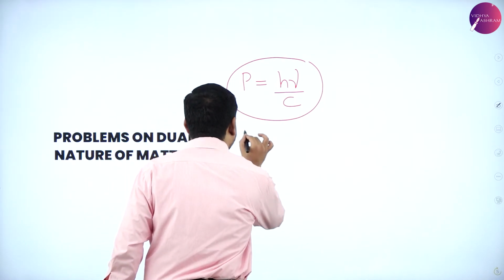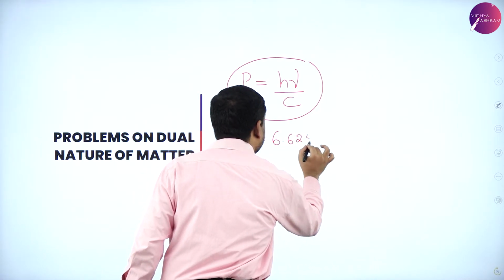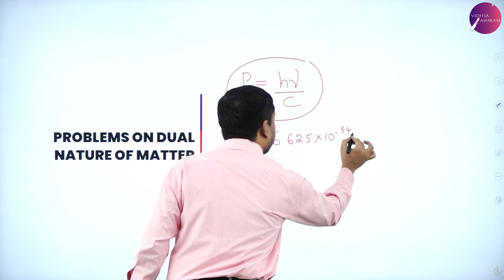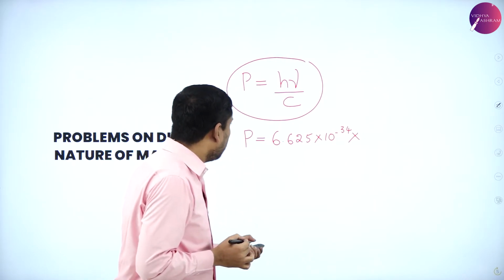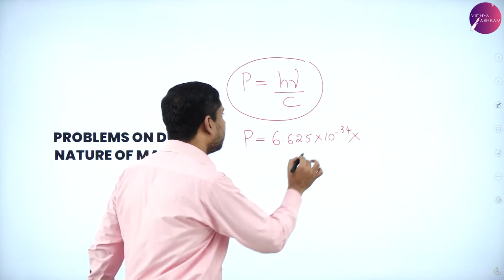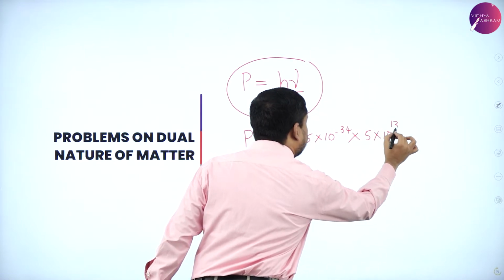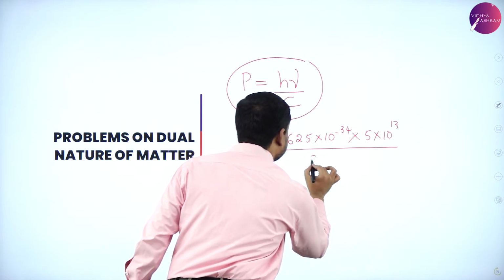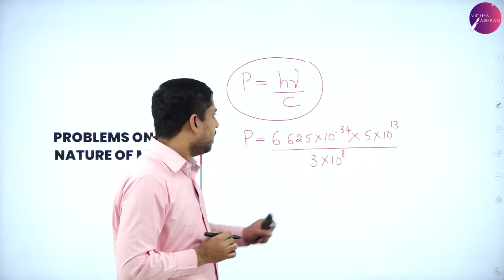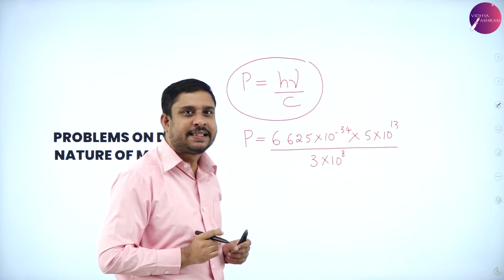So substituting 6.625 into 10 power minus 34 into, what is the frequency given? 5 into 10 power 13, so this is 5 into 10 power 13 hertz. Speed of light in vacuum, nearly, if I call this 7, 35 divided by 3.